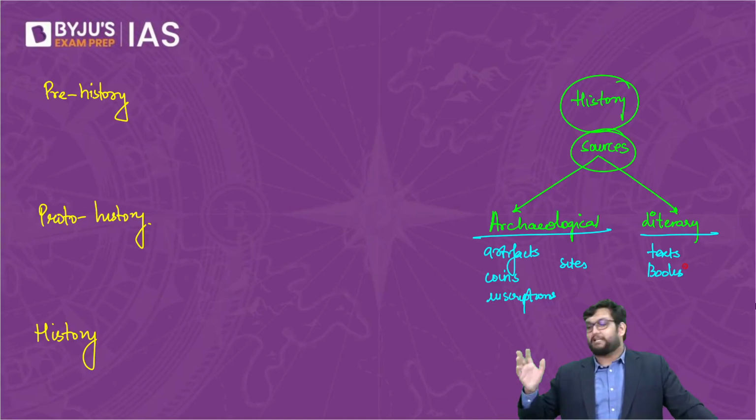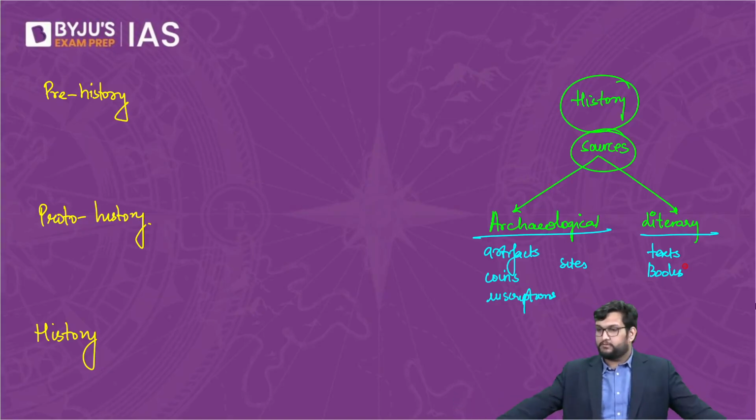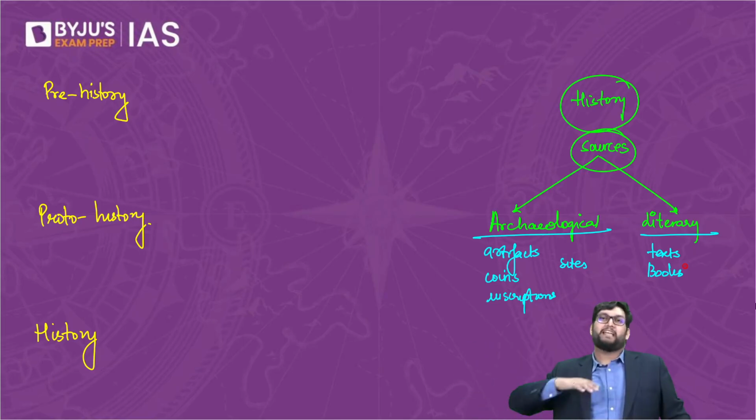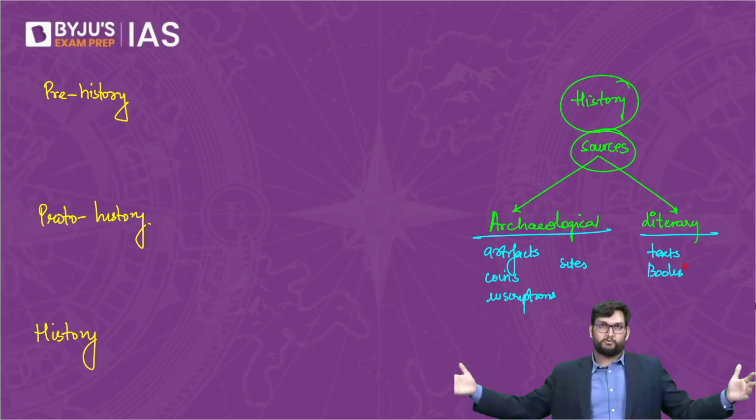Now, what does archaeological mean? I'll give you a very simple example. I'm standing in the studio, right? The studio collapses. After 10,000 years, they excavate this building. They find the studio. When they find this studio, it will be called a site. This is a site.